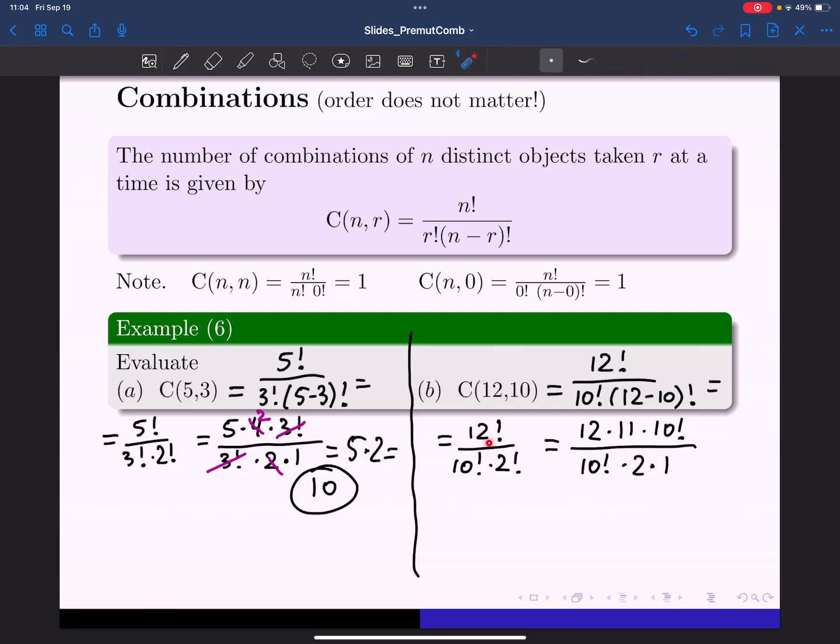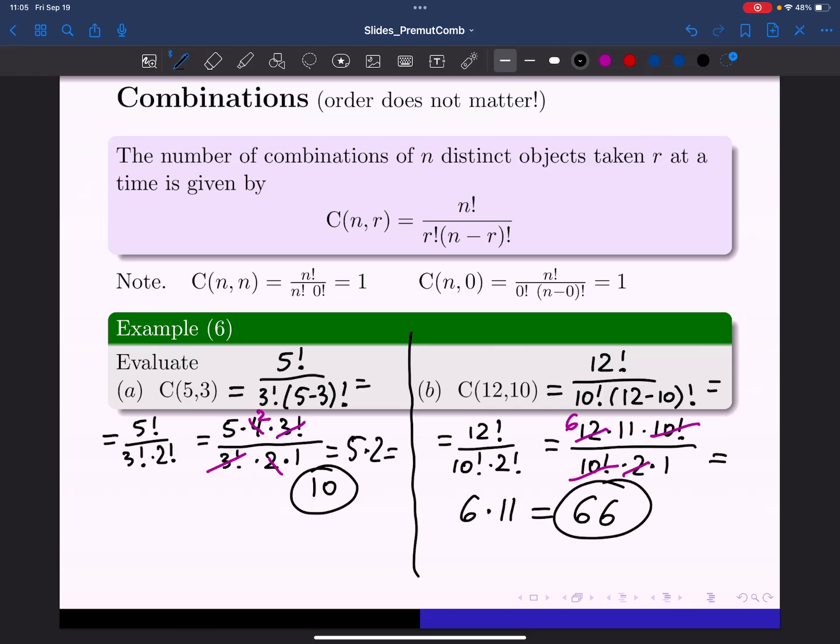I expanded it right here. I'm going to cancel the 10 factorial, and 2 factorial is 2 times 1. Then we can reduce it: 10 factorial cancels out, and 2 and 12 reduce to 6. So we have nothing else but 6 times 11, which is 66 choices.